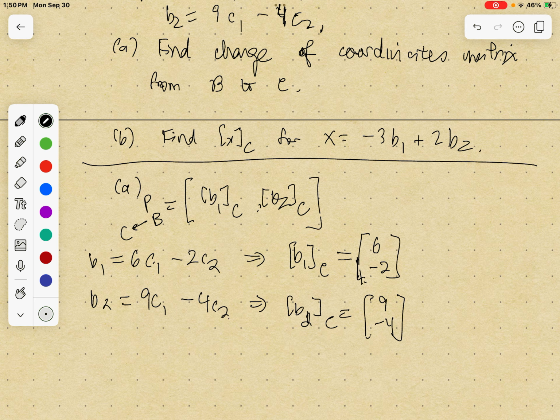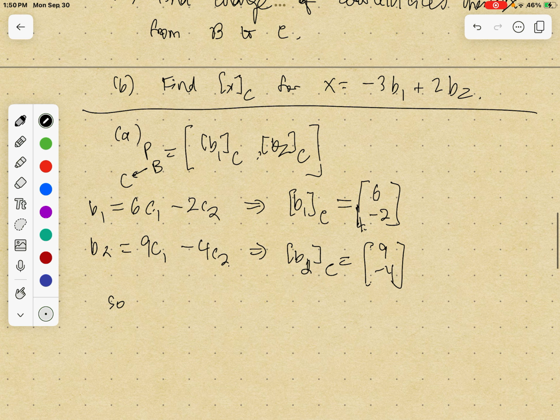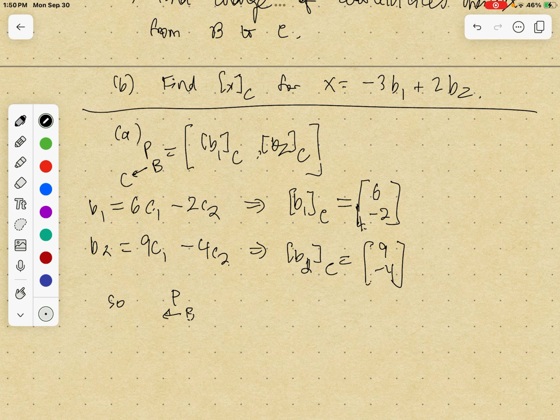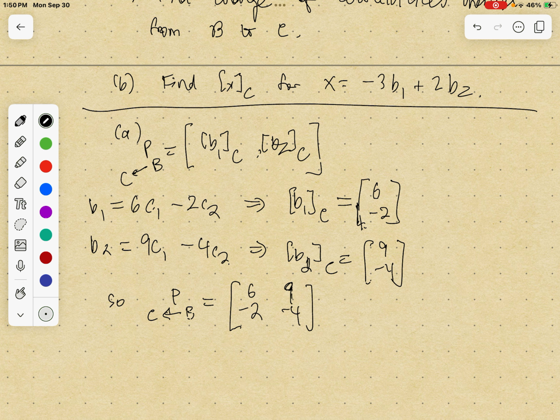And so therefore, the change of basis matrix from B to C is just this matrix, 6, negative 2, and then 9, negative 4. So that's the answer to A.